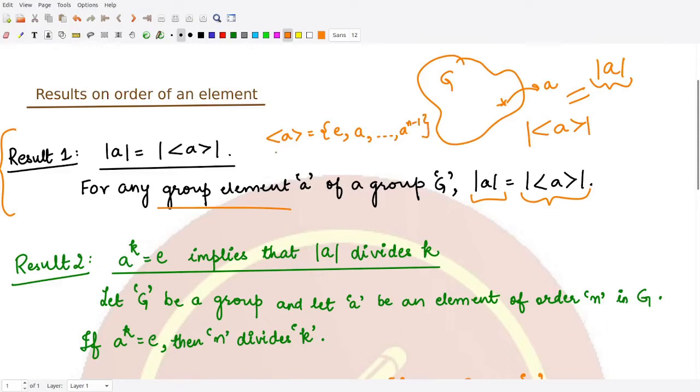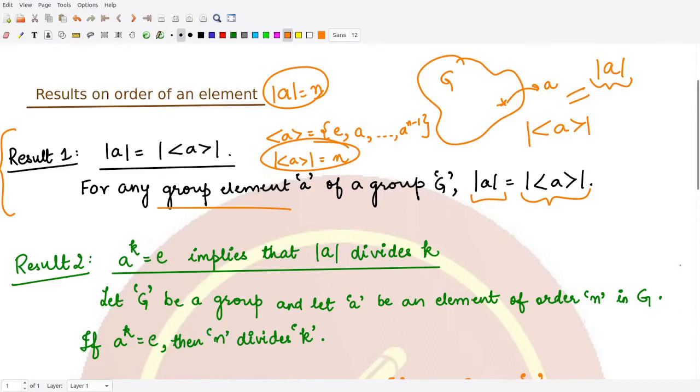So the order of the subgroup generated by A is equal to n, and we also assume that the order of the element A is n. So both orders are equal to n, and hence they are equal to each other.